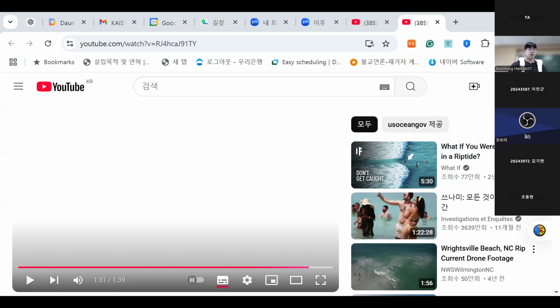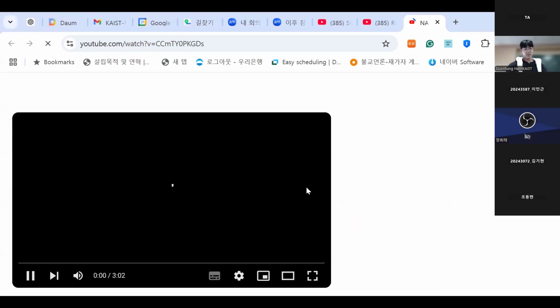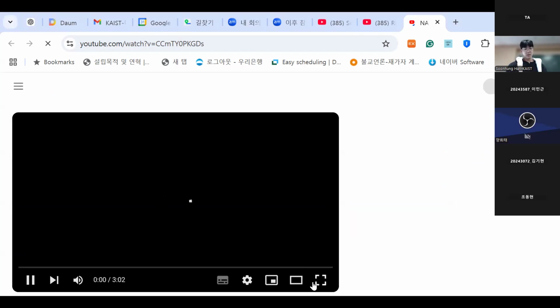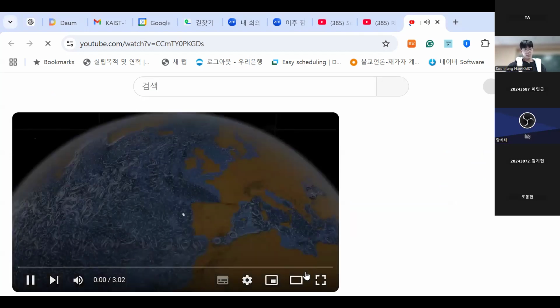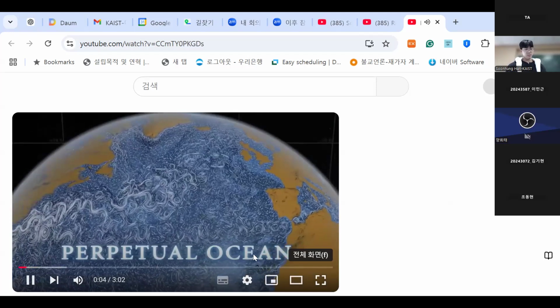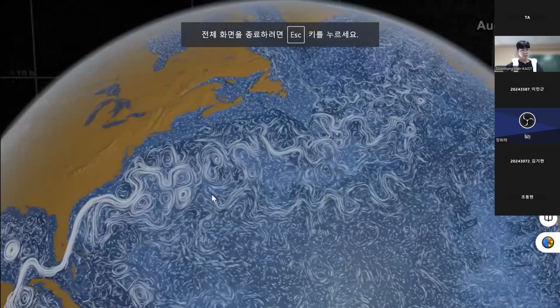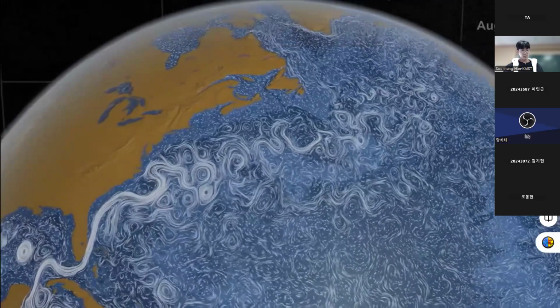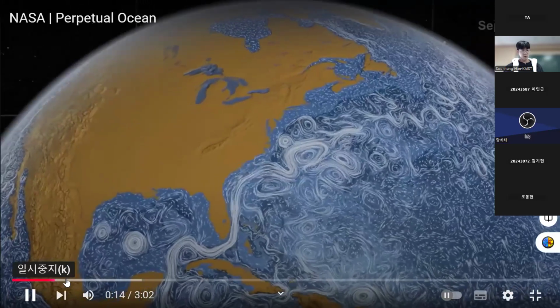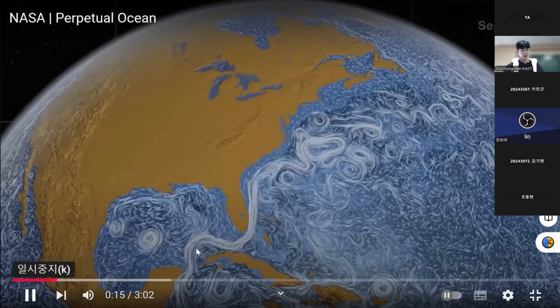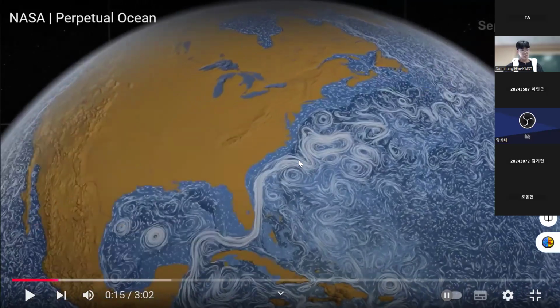This is the ocean surface current around the world during the period of 2005 to 2007. So let's see the streamlines.